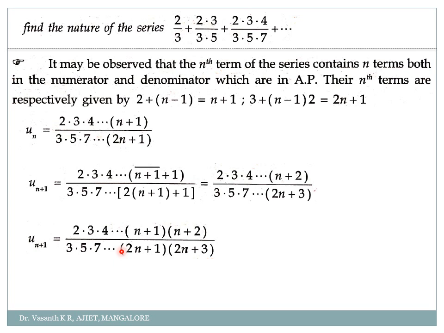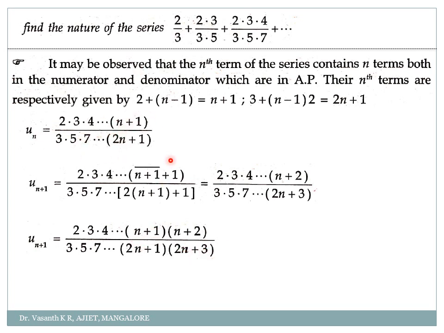Oh sorry, un plus 1 is not completed actually. One more thing my dear students, don't just simply write n plus 2 as they have written here. This is just for explanation I have written. Actually see, this is un and then the n plus 1th term, so it will be n plus 2 divided by 2n plus 3, correct?